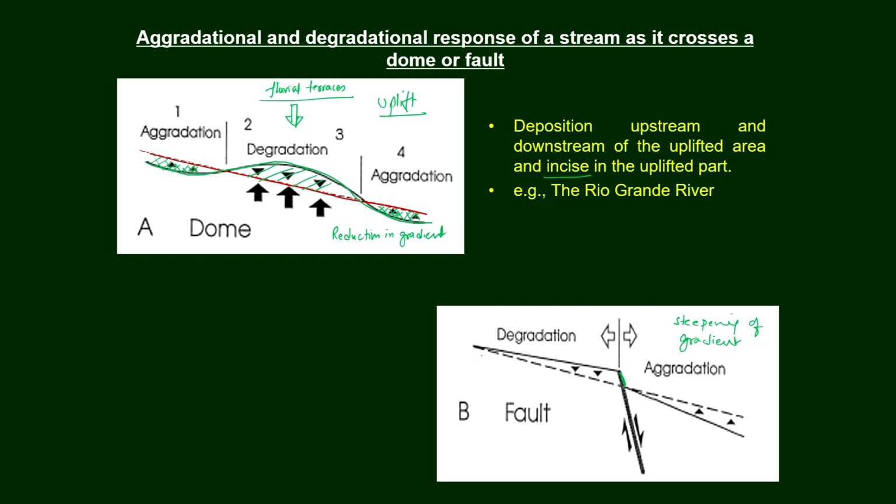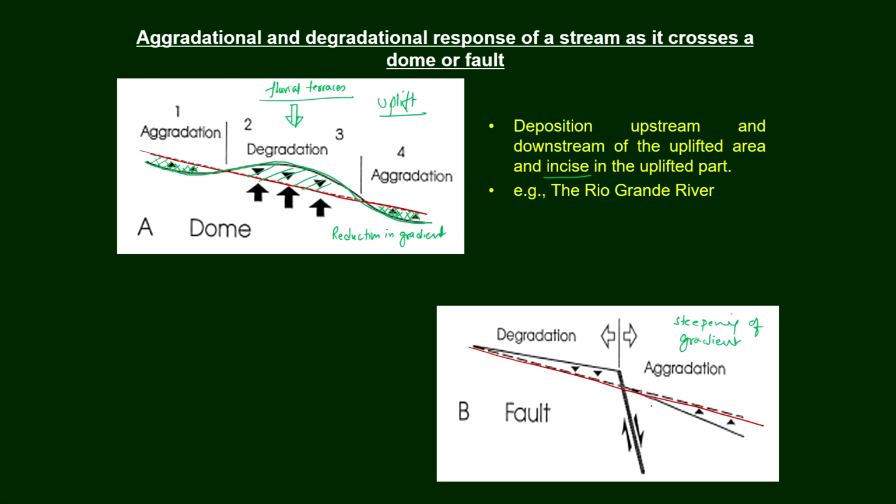So, the original profile, as we were talking about, I will just show with this one. This is the original profile, and because of the subsidence, this portion, the river will try to bring itself along this line. That is what we were talking about, that it will try to bring itself into equilibrium.